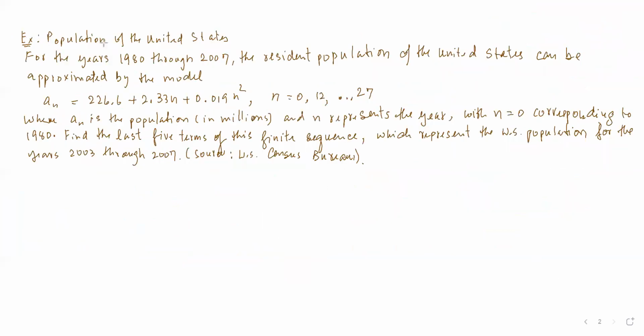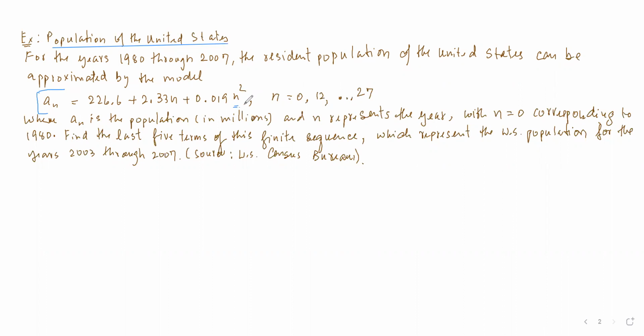Let's now talk about population, still using the sequence idea. The question says the population in the United States, for the years 1980 to 2007, the resident population of the United States can be approximated by the model. Now they give you this formula. You can observe it like a function.